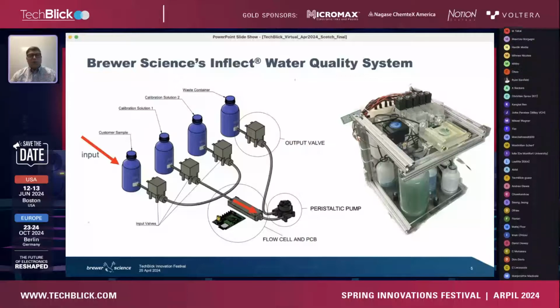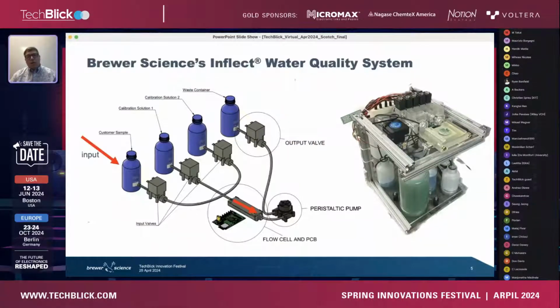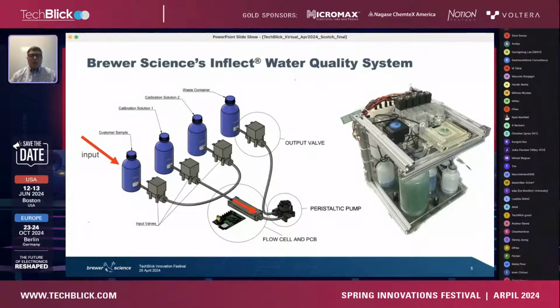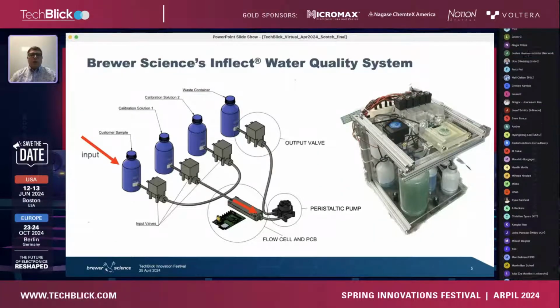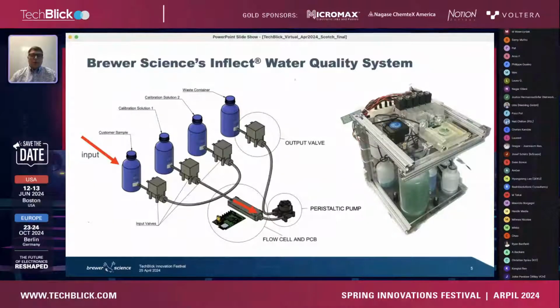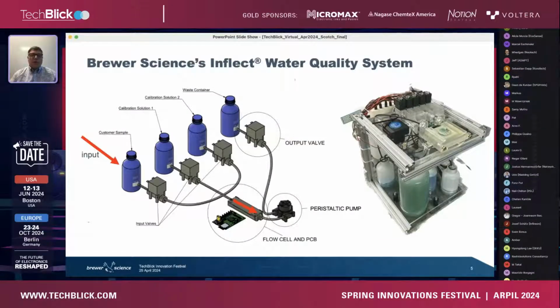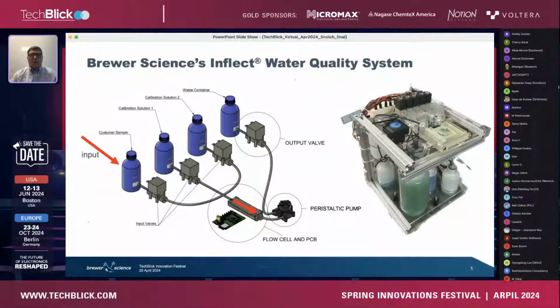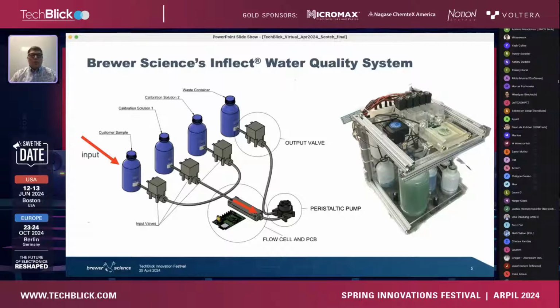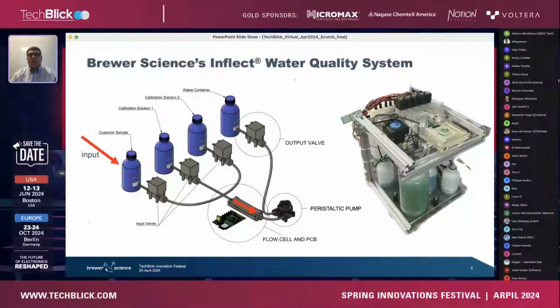Inside this flow cell is the water sensor. The water flows across and measures through an electrochemical process. We have our own circuit, which is attached to that to capture that data and then transmit it to a wireless device, so that you can take action when needed.